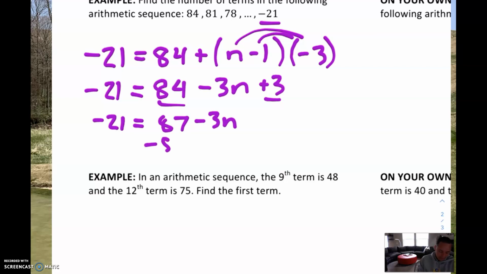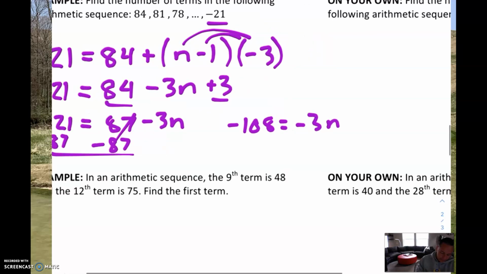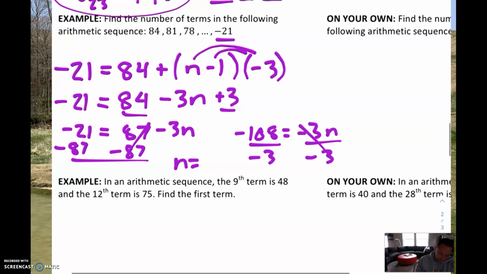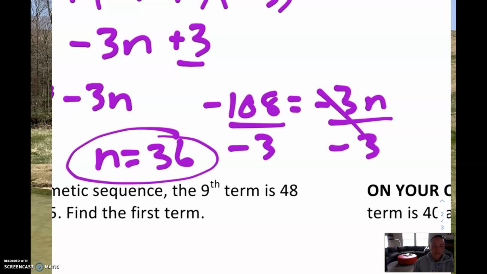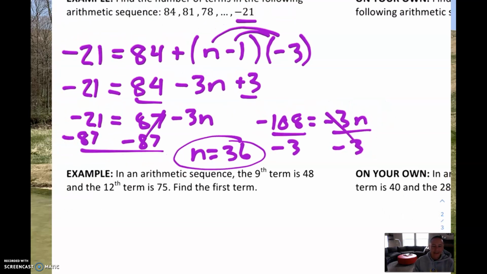We could subtract 87 from both sides, and we get negative 108 equals negative 3n, and divide both sides by negative 3, and we get n equals 36. So there would be 36 terms in that sequence.